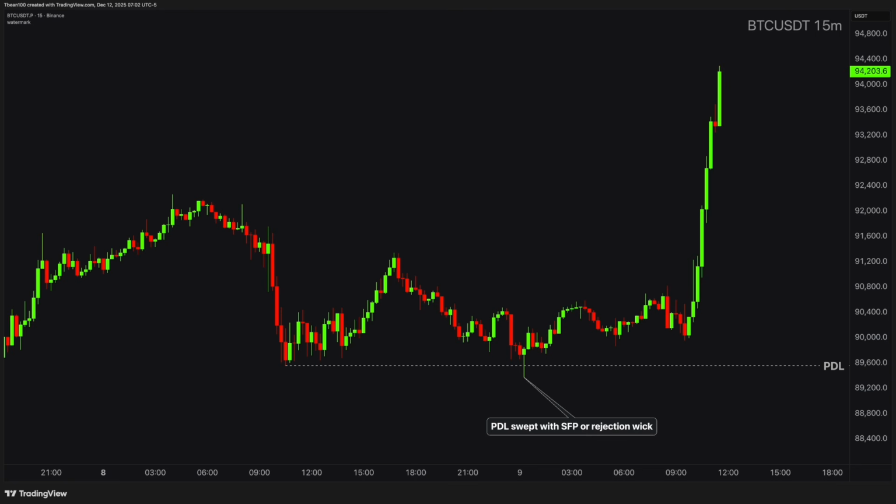The main idea here is that sellers were not able to push the price lower anymore, and buyers stepped in and reacted quickly. And in the next step, the internal structure was broken to the upside by the buyers. This clearly showed that sellers were very weak in the situation and buyers started to take control back.